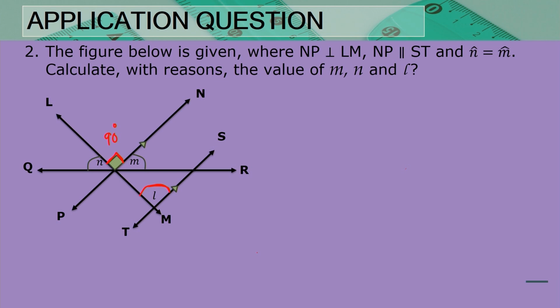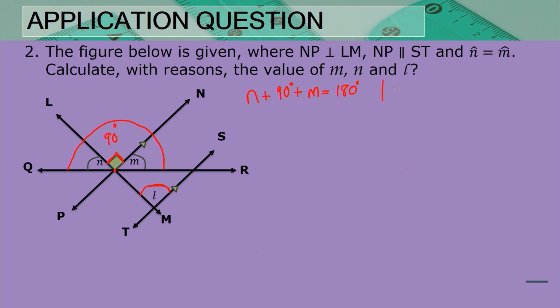Now, when we look at angle N and angle M, they share a common vertex with our 90 degrees. So this means that they are all on a straight line. So what does this mean? It means that angle N plus our 90 degrees plus our angle M will add up to 180 degrees.